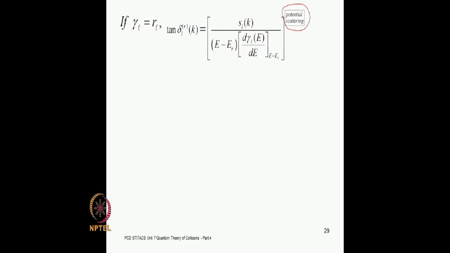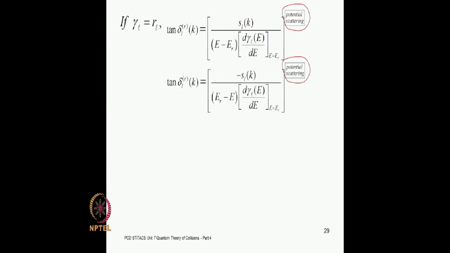So, this is the expression that we have, presuming that gamma and R are the same, but this is no longer the gamma of the square well potential. It is the one corresponding to the actual potential, and this is the leading term, and then you have got a correction which is the first derivative of gamma with respect to energy.